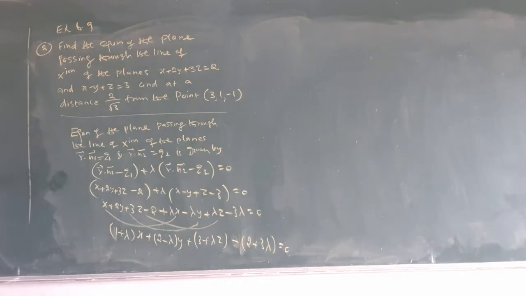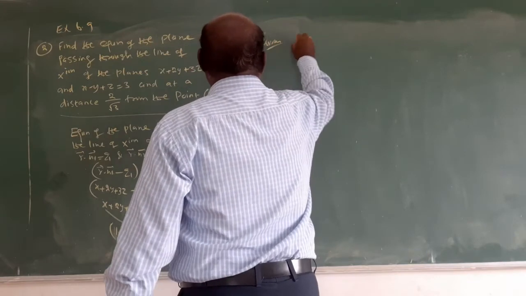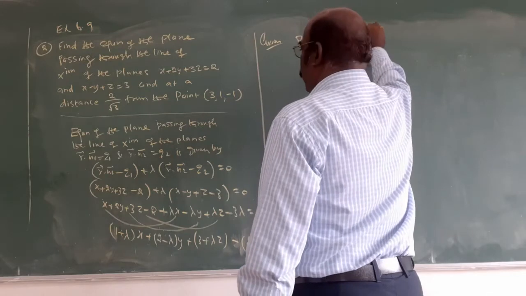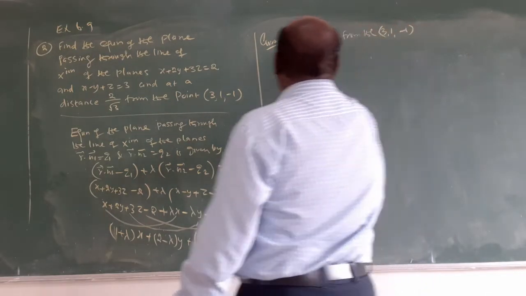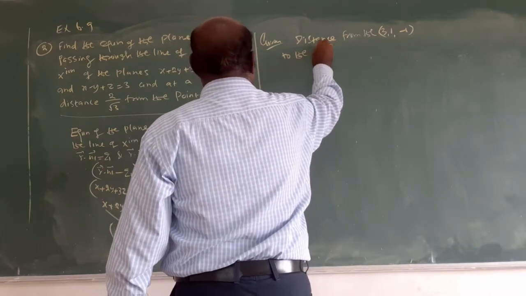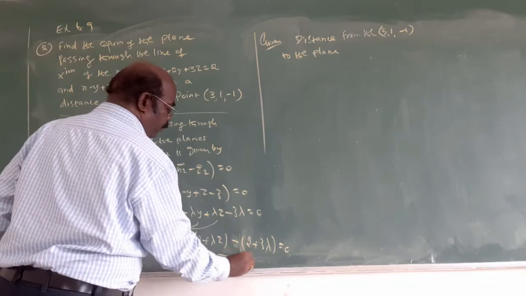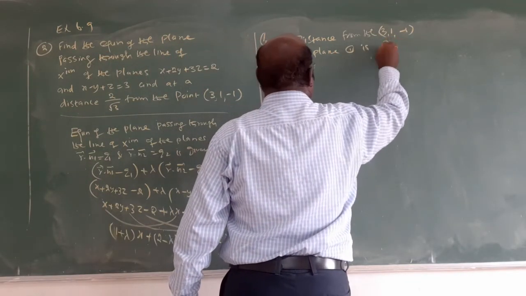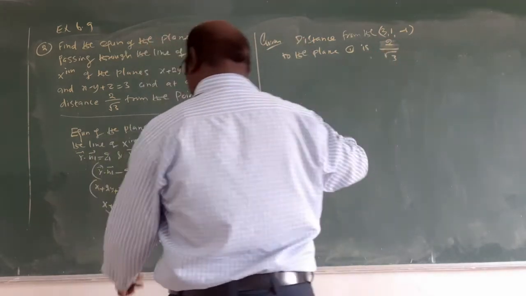Now, what is given? Distance from the point (3, 1, -1) to the plane. This is the plane 1. The distance, 2 by root 3, is given. What is the formula?